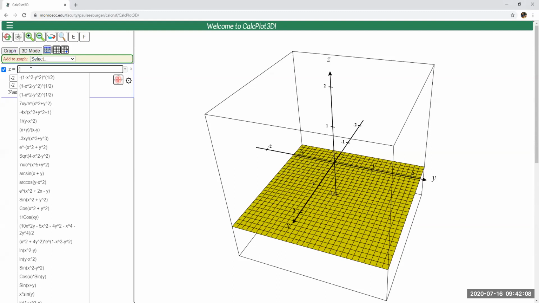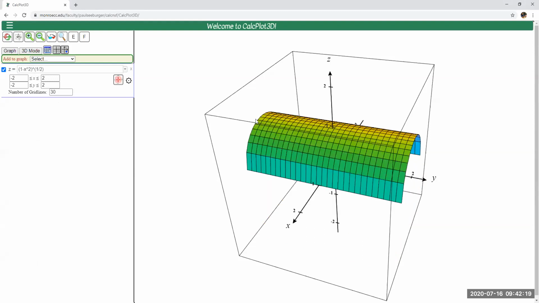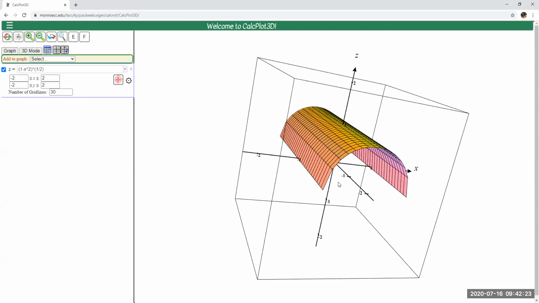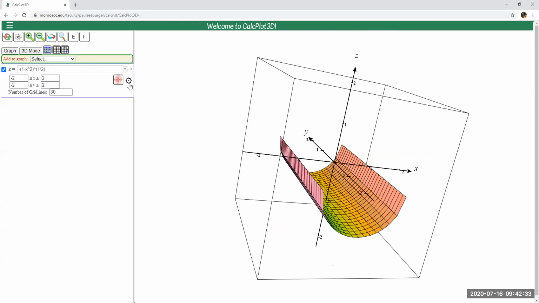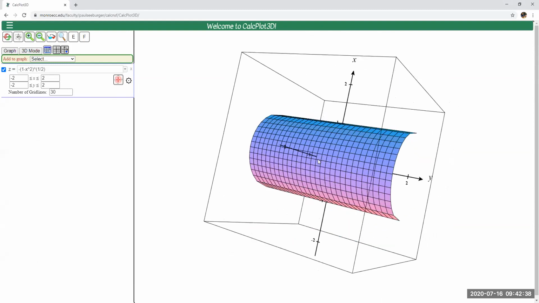Let's look at plus first: the square root of 1 minus x squared, which is the same as power 1 over 2. So this should give us half of the cylinder. And as you can see, it does. This is half of the cylinder. And if I write minus the square root of 1 minus x squared, I would get the other half, which is here. We can look at the other half of this cylinder.